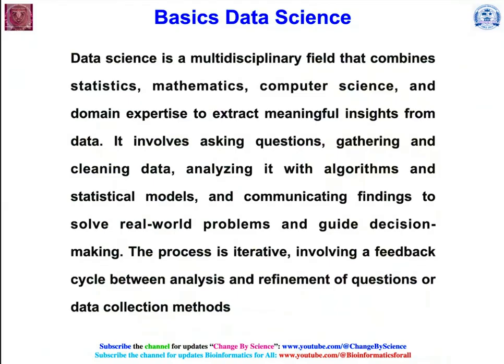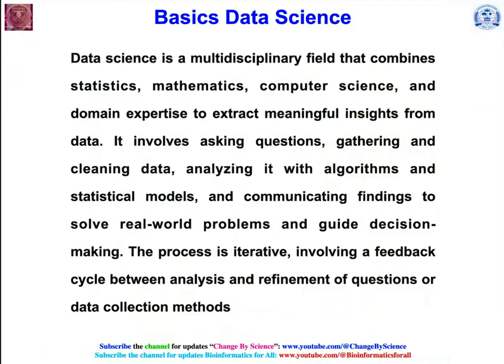It involves asking questions, gathering and cleaning the data, analyzing it with algorithms and statistical models, and communicating findings to solve real world problems and guide decision making. This process is iterative, involving a feedback cycle between analysis and refinement of questions or data collection methods.